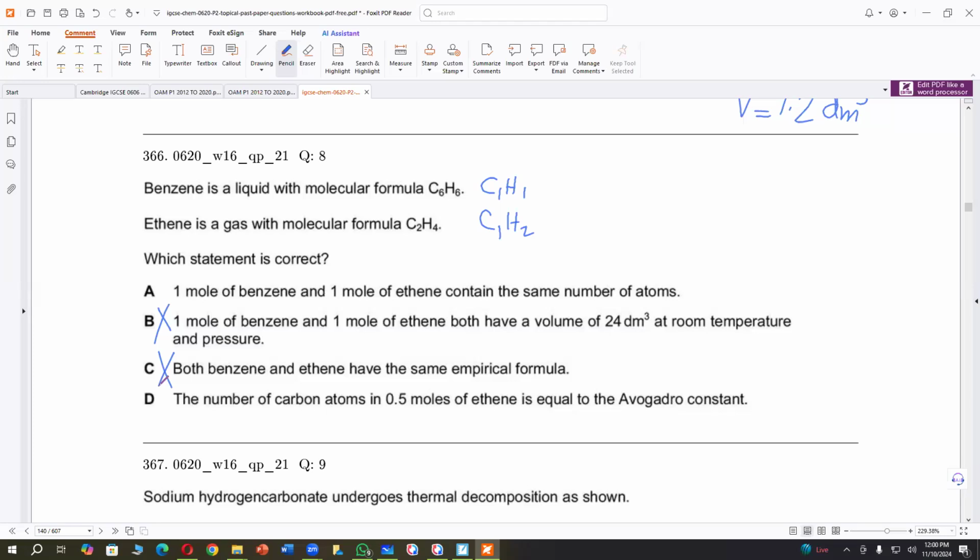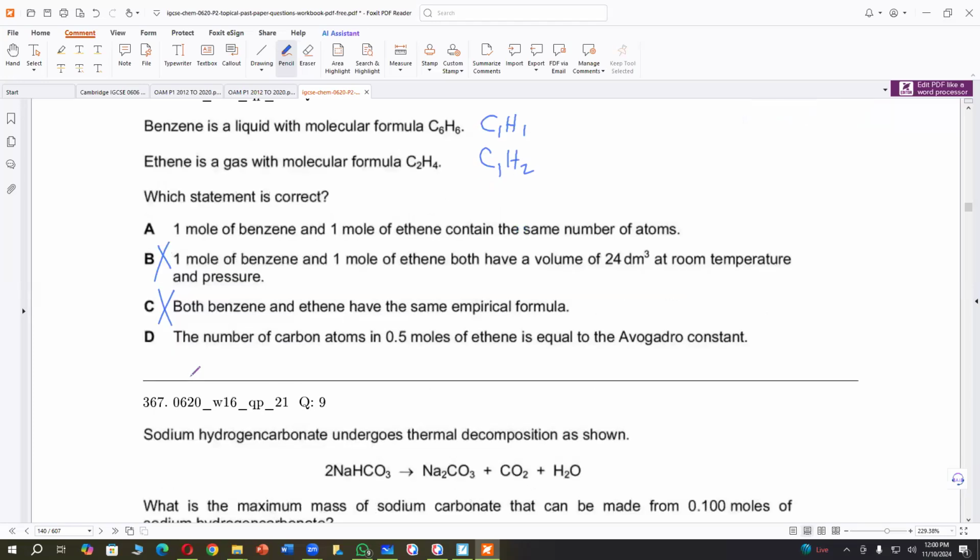In 1 mole of ethene, there are 2 carbon atoms. So let me write here: 1 mole of ethene has 2 carbon atoms. So when I say 0.5 mole, it will mean 1.